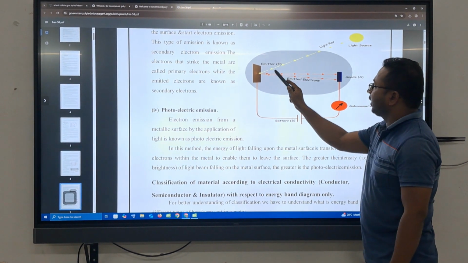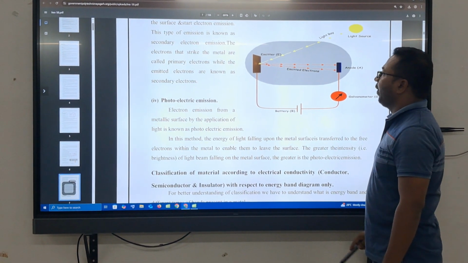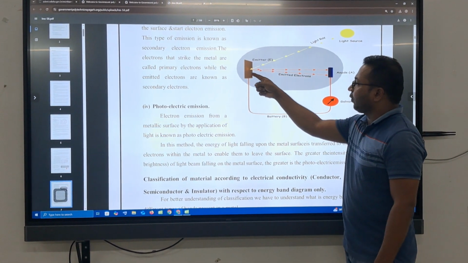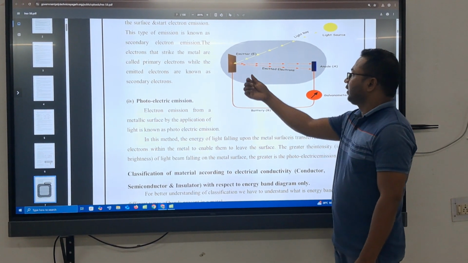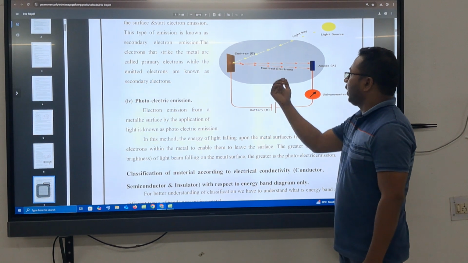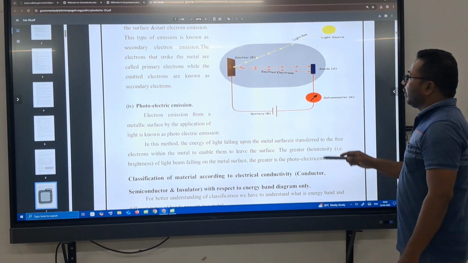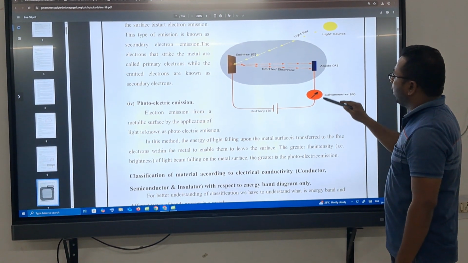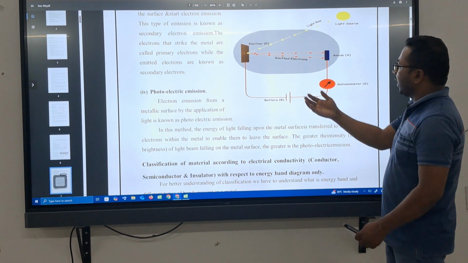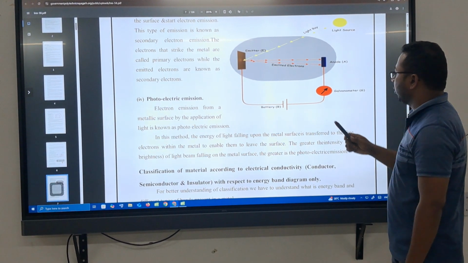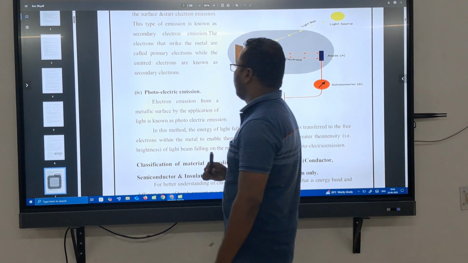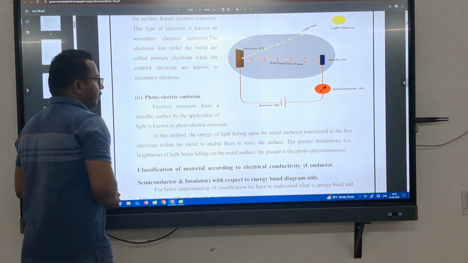When the light strikes the surface of the plate, the free electrons on the surface are energized, and these electrons are emitted from the metal surface. Here I am placing an anode, and that anode will attract all the emitted electrons from the metal surface and they start flowing. This is known as photoelectric emission.